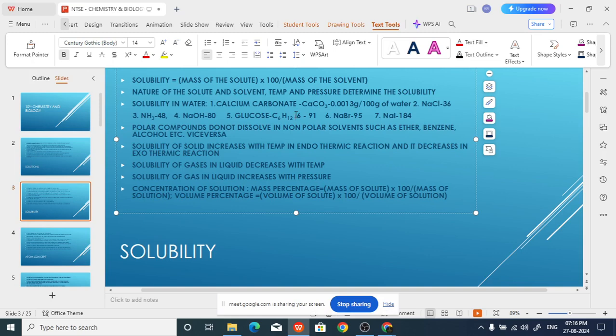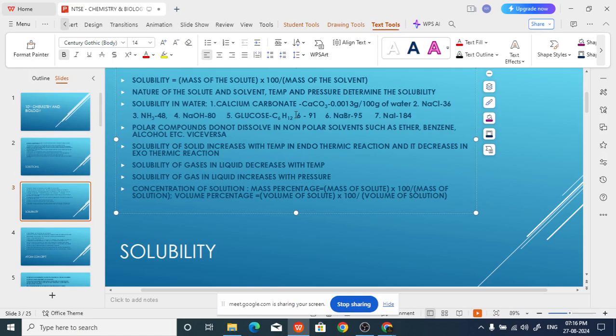Polar compounds do not dissolve in non-polar solvents such as ether, benzene, alcohol, etc., and vice versa. Solubility of solid increases with temperature in endothermic reaction and it decreases in exothermic reaction.